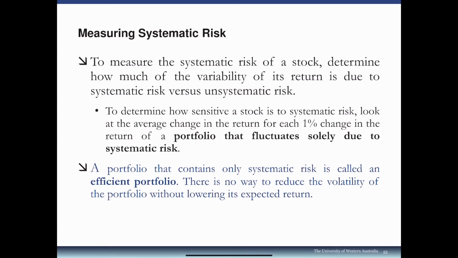So here it gives a definition of what we mean by efficient. When someone tells you, I have an efficient portfolio, that just means it's a portfolio that contains only systematic risk, and all the firm-specific risk has been diversified out. There's no way for me to reduce my risk, or volatility in this case, without lowering its expected return.